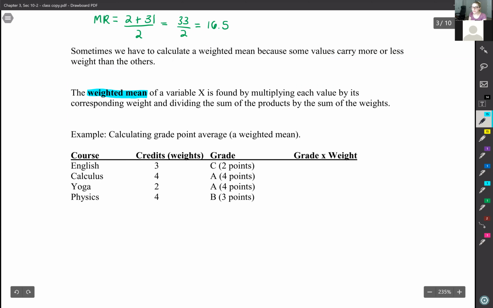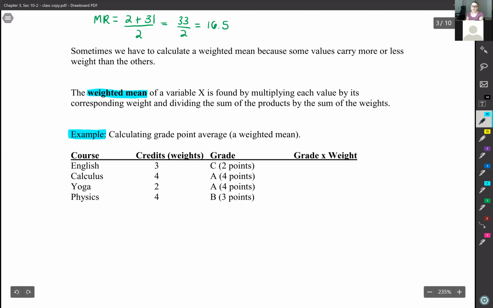The weighted mean of a variable x is found by multiplying each value by its corresponding weight and dividing the sum of the products by the sum of the weights. Our example that we're going to do is calculating grade point average, which is a weighted mean. So you are probably a little more familiar with a weighted mean than you think you are. Calculating your grade point average is an example of that.